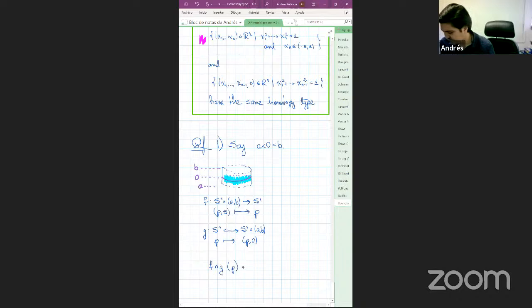So this is F applied to (P, 0), and that will give me P. That is the identity on this one.